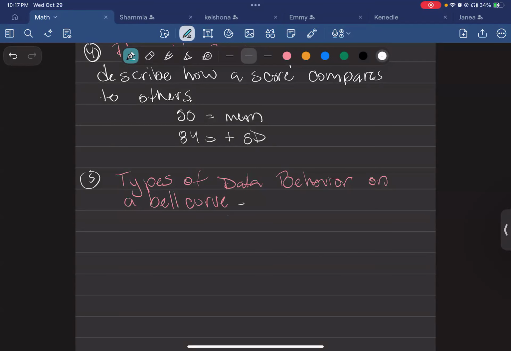You can get low variability. You can also get high variability. And then you can also get an average variability. And we'll talk more about that.